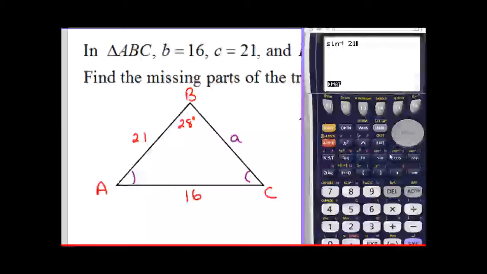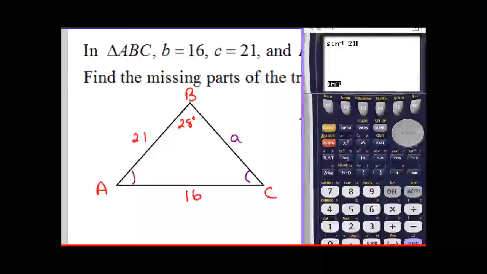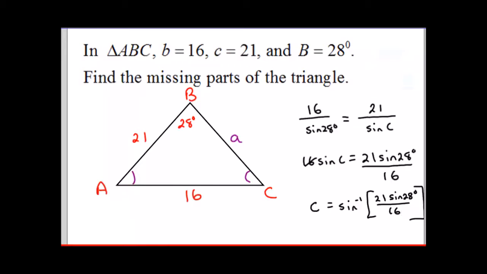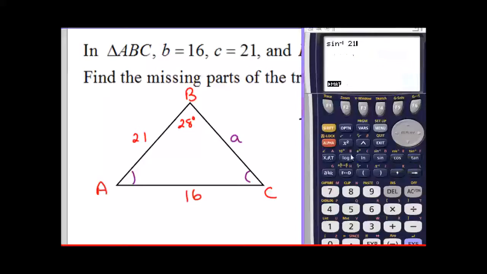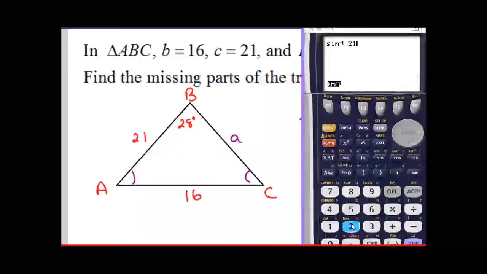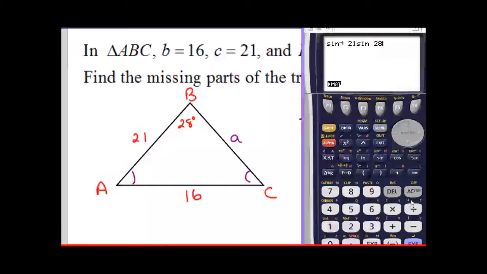I do the inverse sine of 21 times the sine of 28 divided by 16. Watch what happens if I try to do this. Immediately it tells me there's an error.